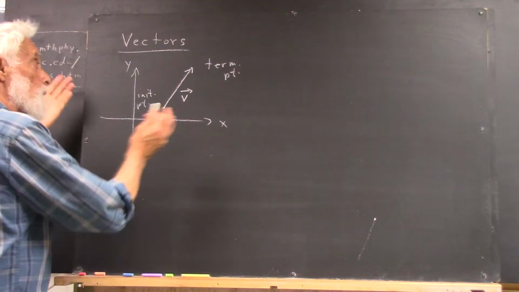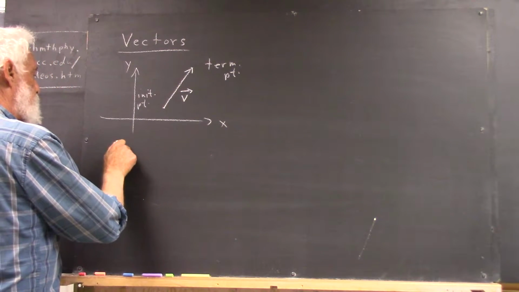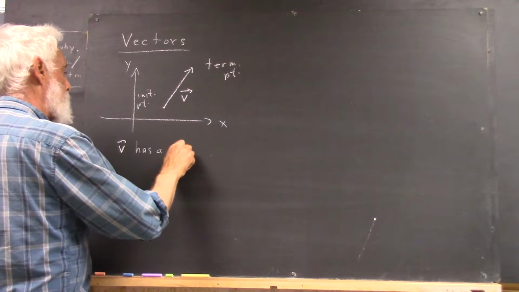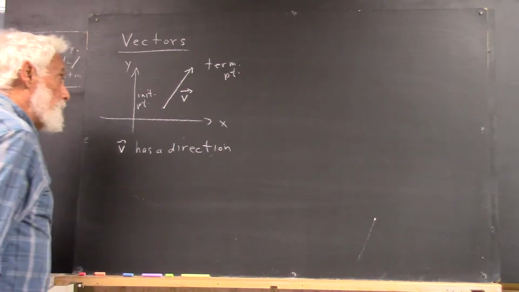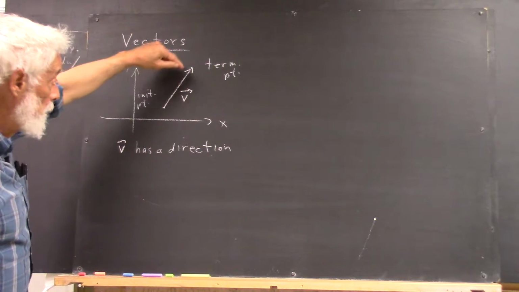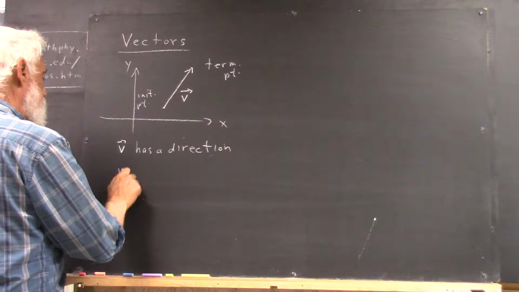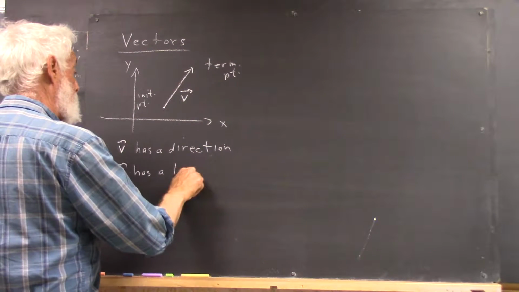Okay, now, what are the properties of V? V has a direction. Its direction is from this point to this point. And V has a length.